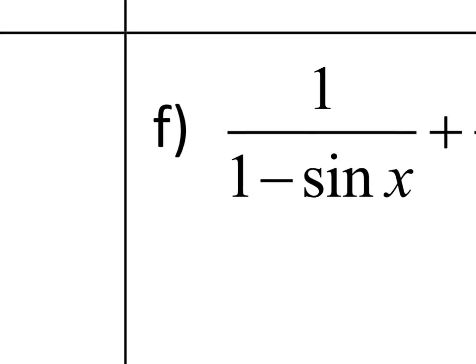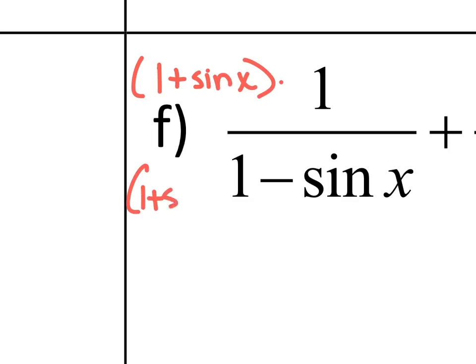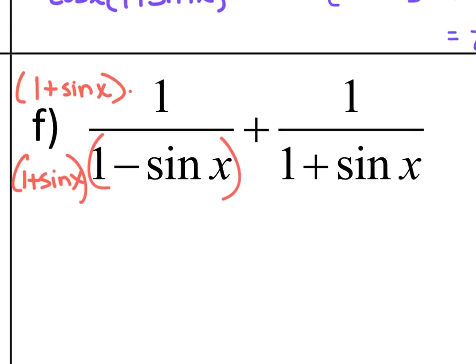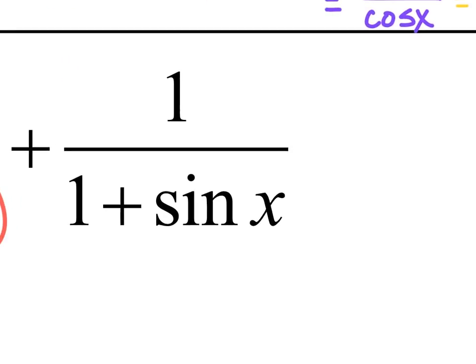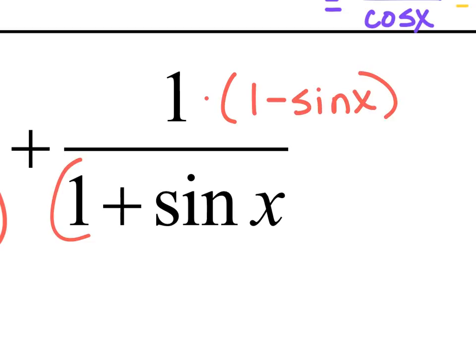So I want to multiply the first fraction by 1 plus sine of x over 1 plus sine of x. And I'm going to multiply the second fraction by 1 minus sine of x over 1 minus sine of x.